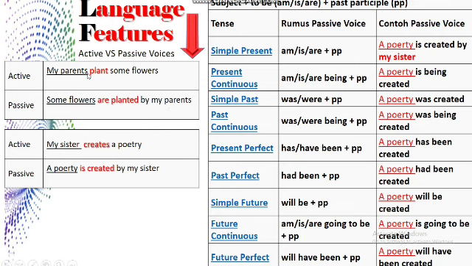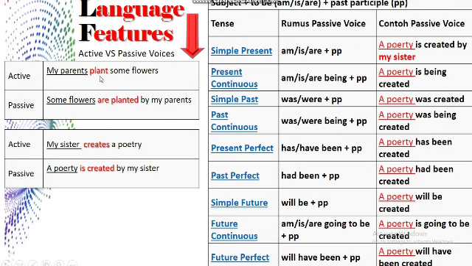Dalam kalimat aktif, di sini adalah orang tua menanam, plant ini adalah verb, kemudian some flowers adalah objek. Jadi, objek dalam kalimat aktif bisa menjadi subjek dalam kalimat pasif. Ya. Some flowers, kemudian ini memasang to be di sini sesuai dengan kalimat aktifnya.